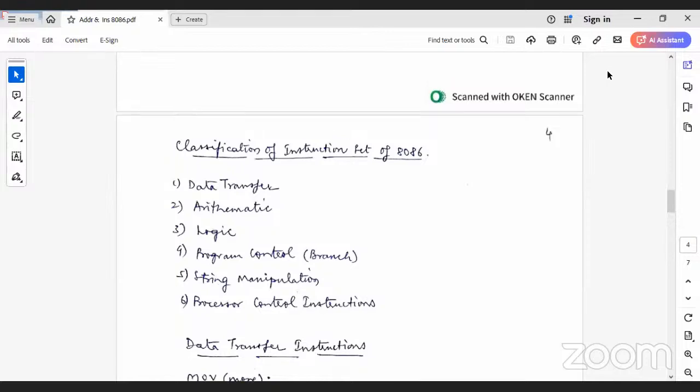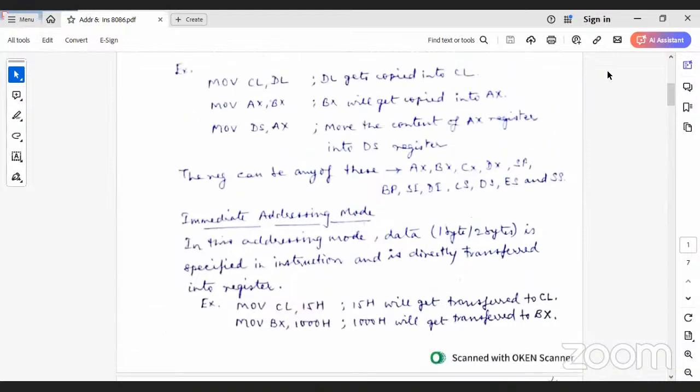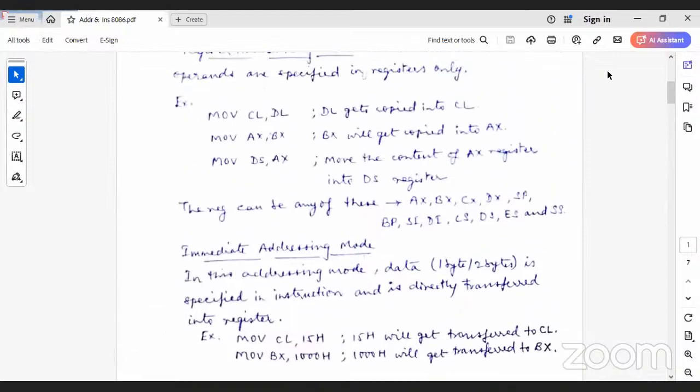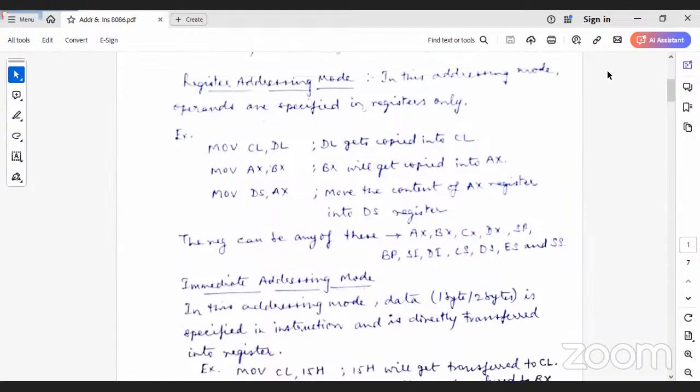The first addressing mode, that is register addressing mode, I said you can take as an example to write for your data transfer, but when it comes to addressing mode, you call it register addressing mode. So the type of instruction is data transfer, but the addressing mode is register addressing.